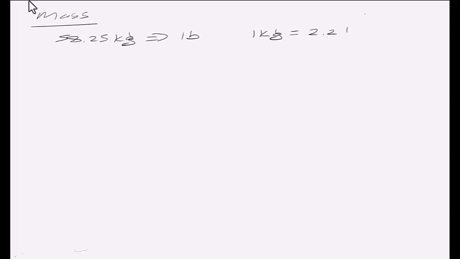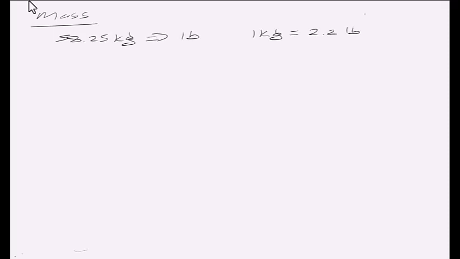Let's choose another problem, but this time let's deal with mass. So let's say we had a value of 58.25 kilograms, and we want to know what this is in the units of pounds. Well, our conversion is simply that 1 kilogram is equal to 2.2 pounds.